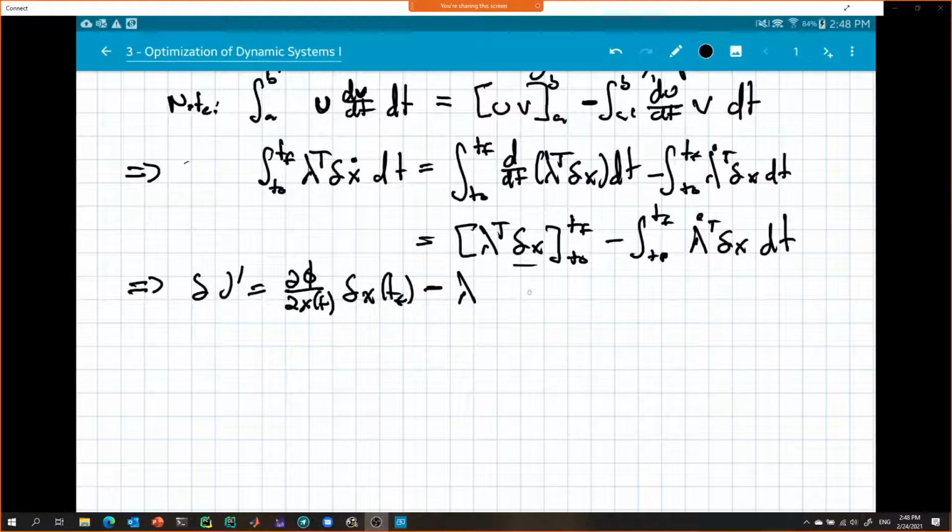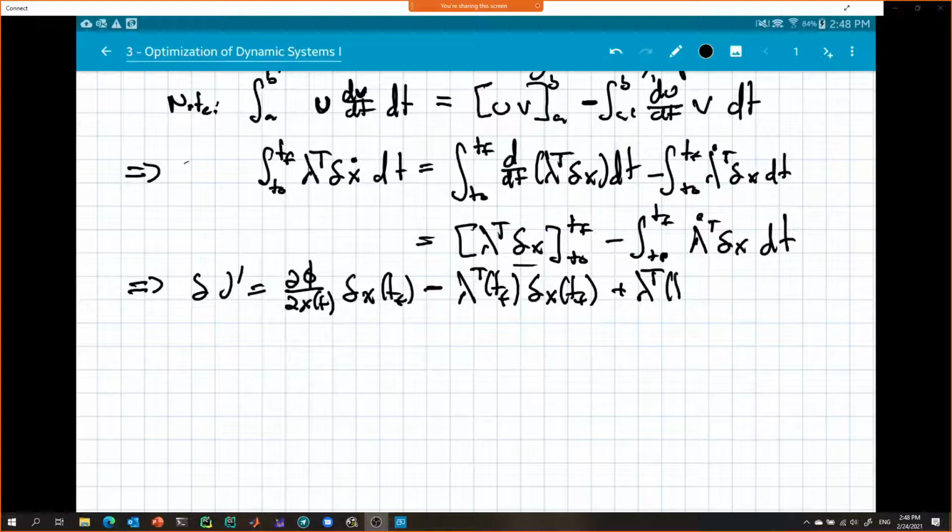So we subtract this at TF. So we get lambda at TF in a product with the variation of x at TF.